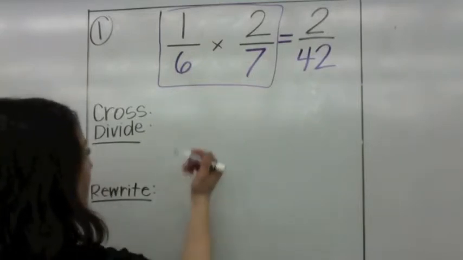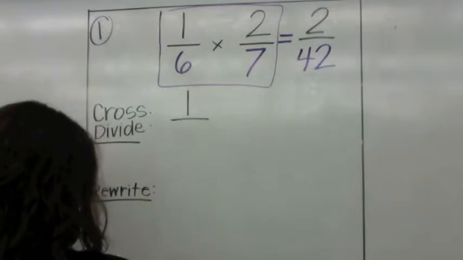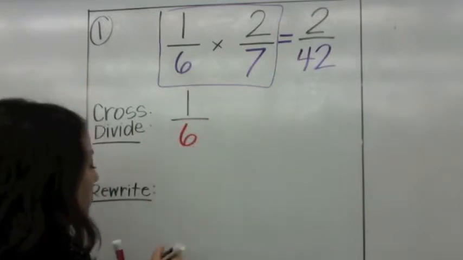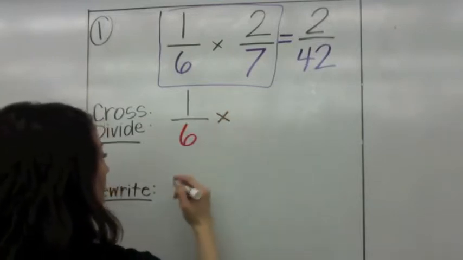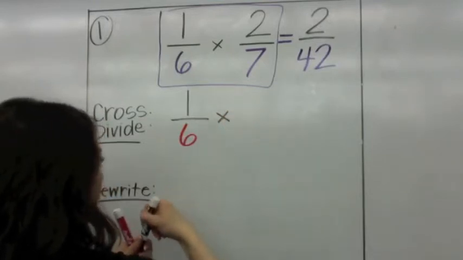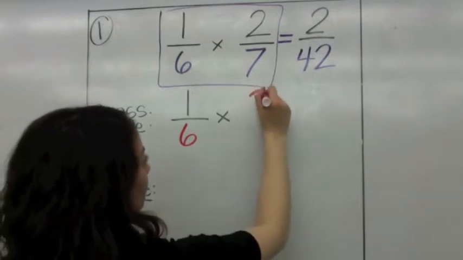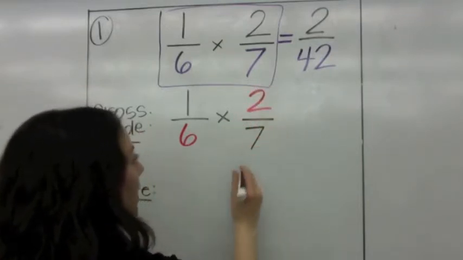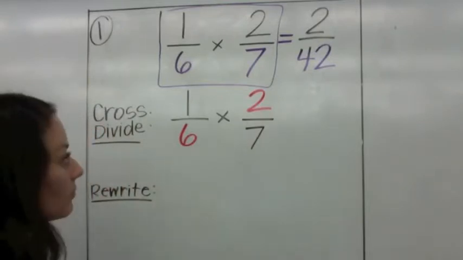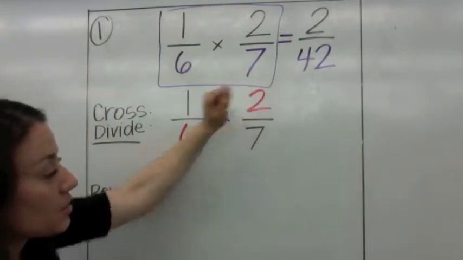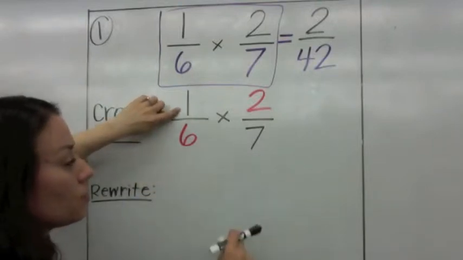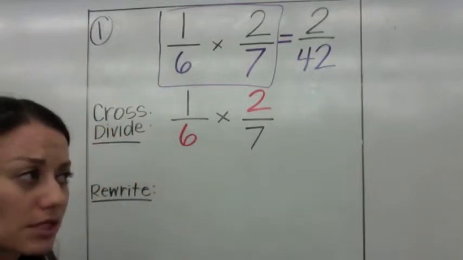All right, I'm going to write the numbers in red that you can cross divide. I'm going to rewrite 1/6 times 2/7. Now, why did I make the 6 and the 2 red? Could you cross divide these two? First, let me ask, could you cross divide 1 and 7? Could you divide 1 and 7 by the same number?